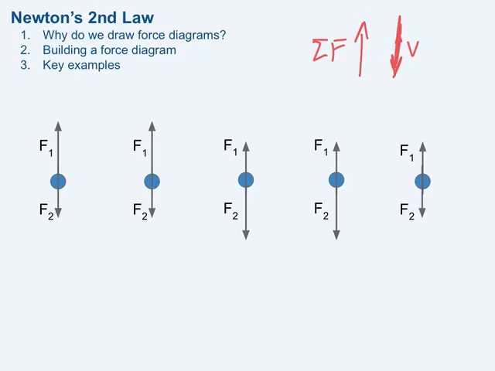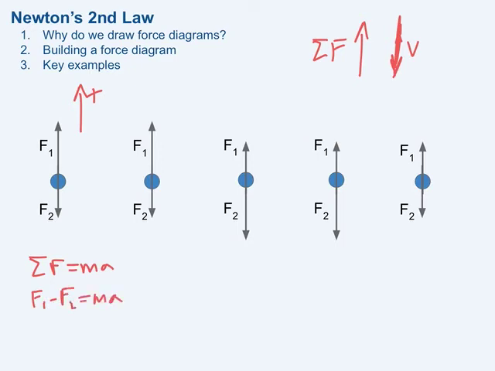And so we want to use these diagrams to help us see that. If the object, say, was moving up in this case, if the upward direction is the motion, we usually would call that the positive direction. And so we would write our sigma F as F1 minus F2.